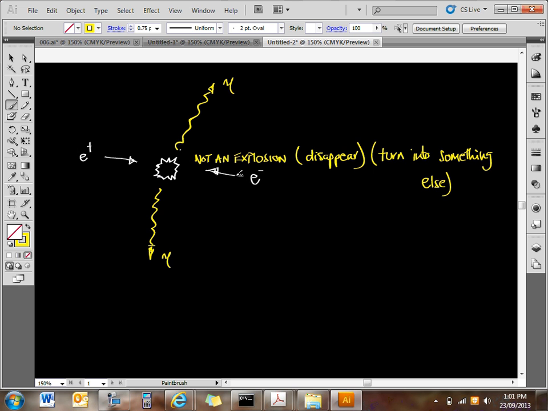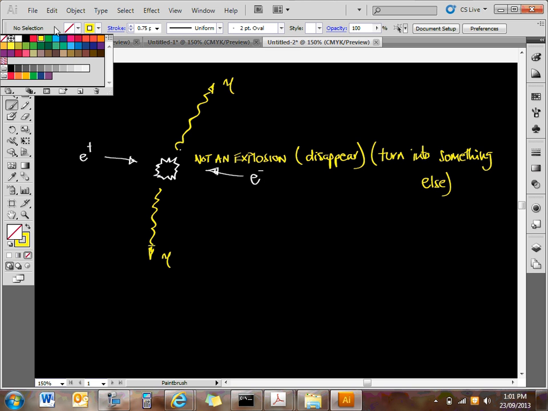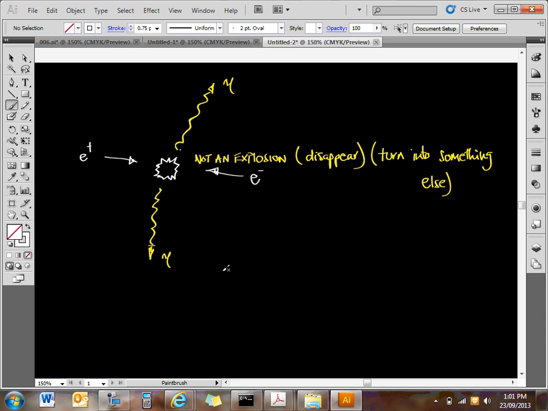So what we see is the electron and the positron coming in, they don't exist anymore. But in their place, we see 2 gamma ray photons move off in opposite directions. Mass turns into energy. That's right.